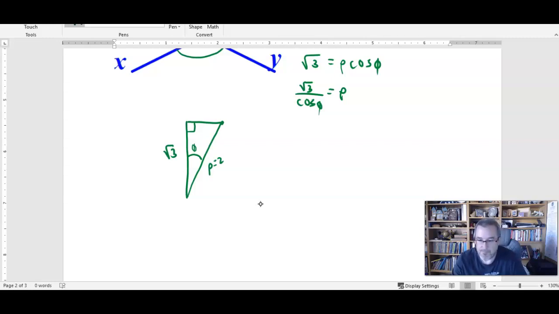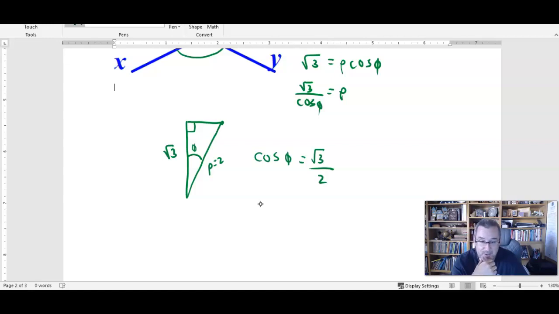Well, how do we figure that out? This is an angle. We've got an adjacent, and we've got a hypotenuse. The cosine of phi is equal to that adjacent leg over the hypotenuse. Now, I know you didn't grow up in the 70s and 80s like I did, when I didn't have all the technology you have.